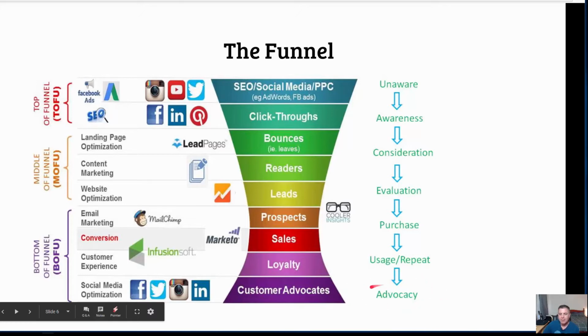So if you're a dentist, your customers will go and tell their family and friends, hey, you need a filling, I went to this dentist today, he was great. Or if you're a hairdresser, hey, I went and saw this hairdresser, she did a great job. That's word of mouth. So the funnel doesn't just stop, it just keeps going.